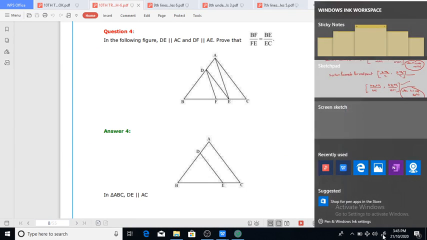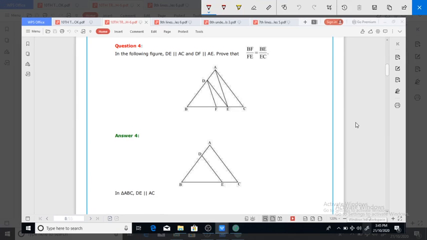In the following figure, DE is parallel to AC, DF is parallel to AE. Prove that these are proportional. So take first DE is parallel to AC. Here is the diagram. In the diagram we leave this and this line, just take these lines only.